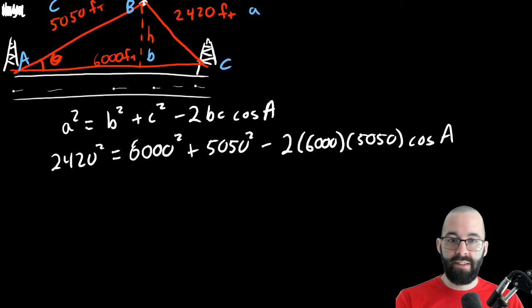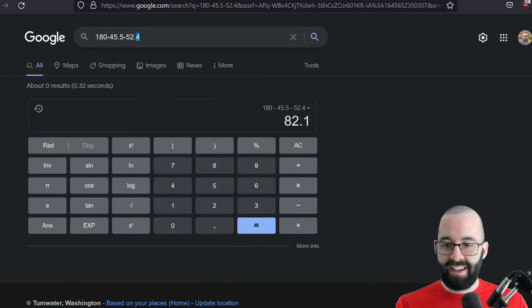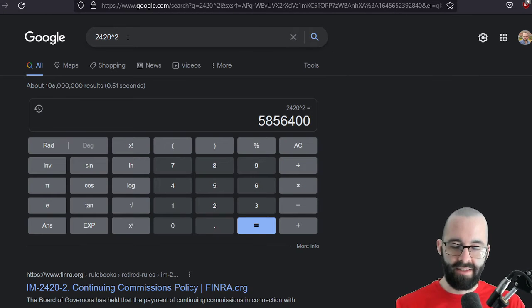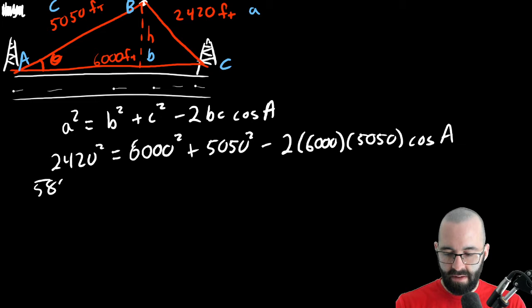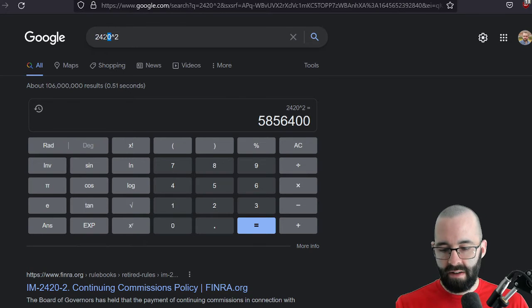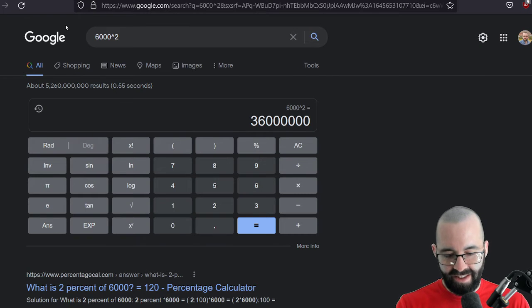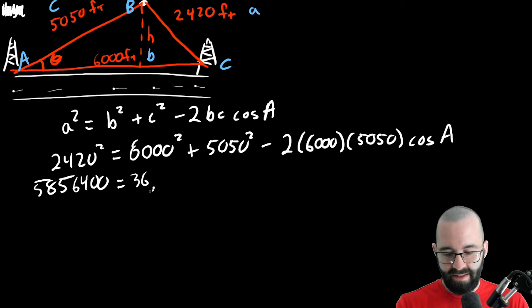Get your calculator out, unless you're really good at doing this by hand in your head. 2420 squared is, all right, this is maybe a case where using the other formula would have been better. 5,856,400. And this is going to be 6,000 squared: 36 with 6 zeros.